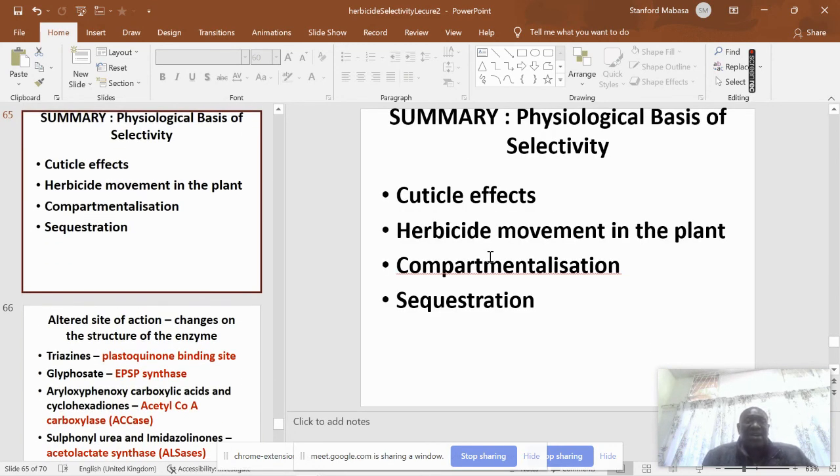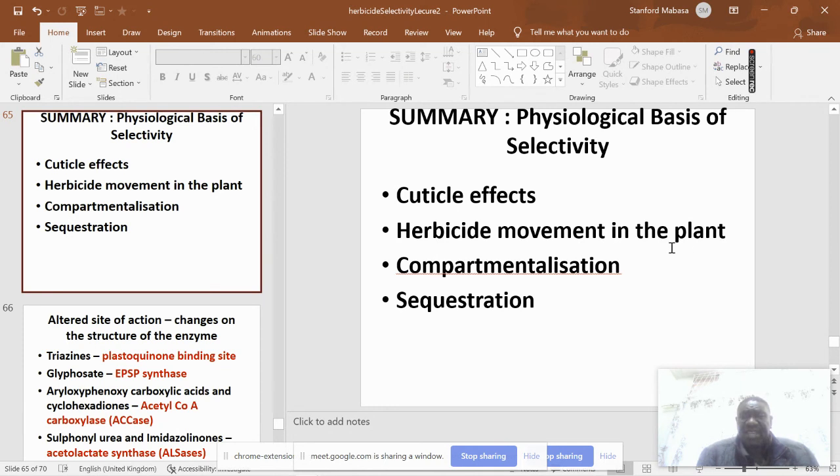Now I will summarize everything. Physiological basis of selectivity. Now the key points is that we need to understand the cuticle effects, because if the cuticle cannot allow the herbicide to go in, selectivity can take place.